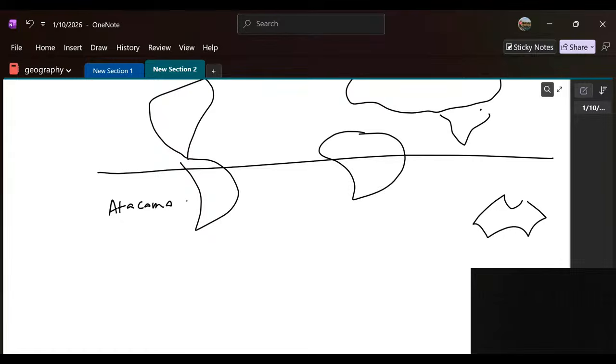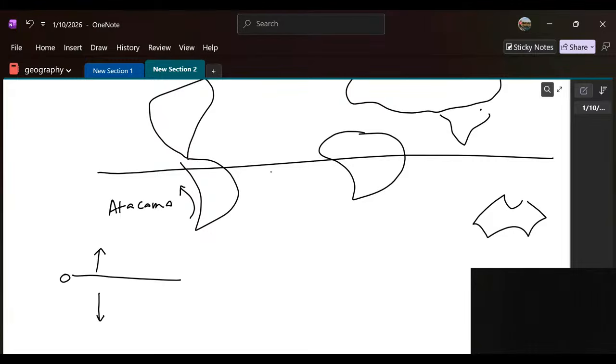Atacama Desert, if it is on this side, there is one concept here: in the north there is a warm current, in the south the cold current. Atacama is a cold desert.